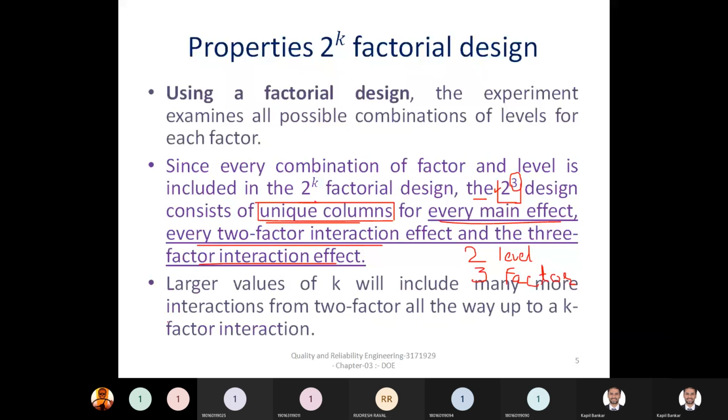Now, if the value of k is larger, it will include many more interactions, from two factors all the way up to a k-factor interaction. If the value of k increases, then obviously the number of interactions will increase in our design, because k indicates the number of factors. If the number of factors or levels is increased, then obviously the interaction effects as well as the number of experiments will increase.